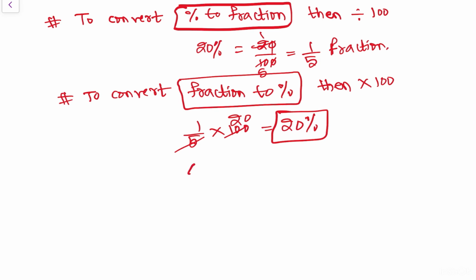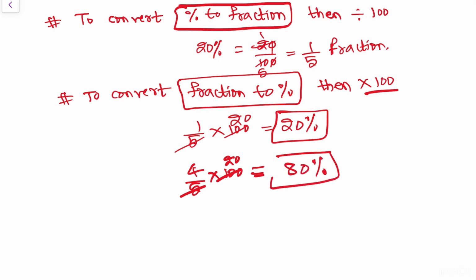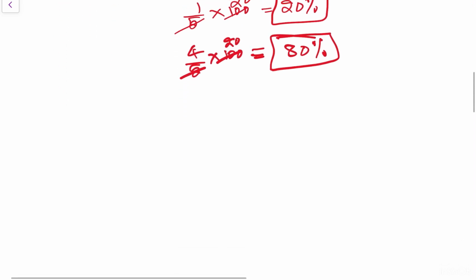Again say 4 by 5, then again multiply it by 100, that is 5 20s are 100, so 4 times 20 is 80, so 80%. So these things you need to keep in mind.